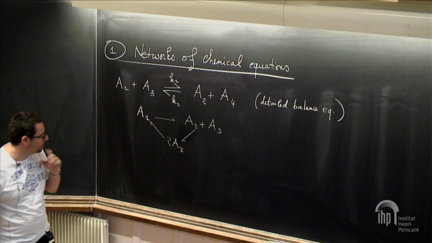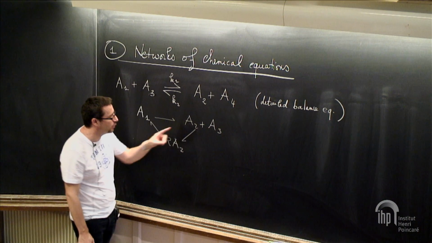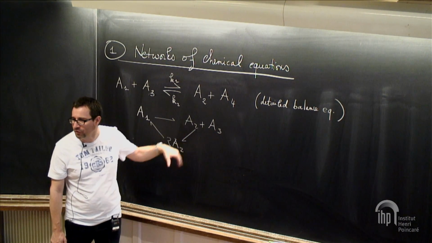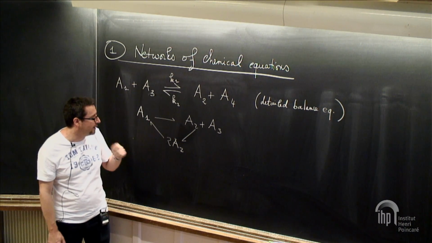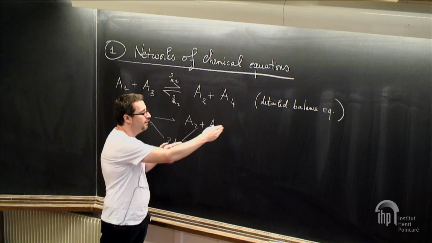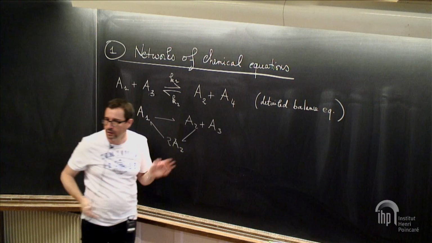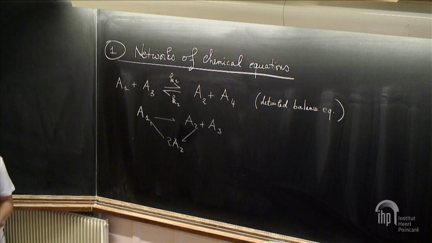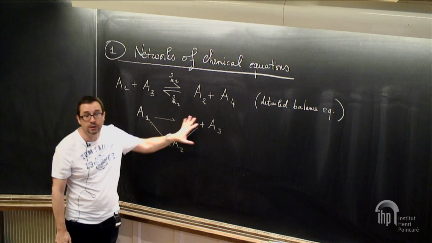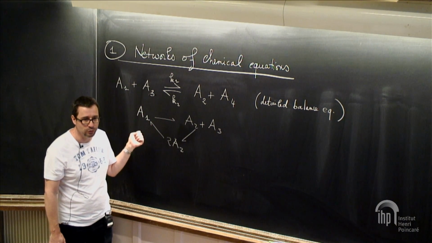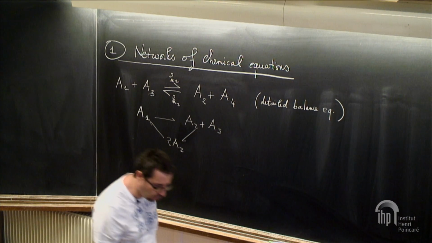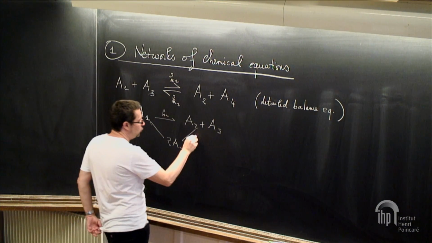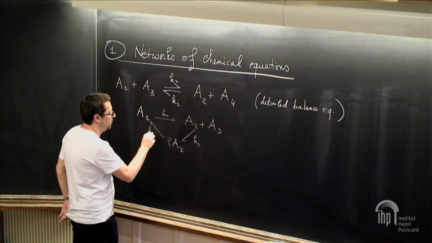You should not be frightened by the fact that, for example, here you have A2 plus A3 and here 2A2. So it looks a little impossible, because this just means that maybe you have other species which are not written, because they are in excess in the solvent in which you have put the species. Okay? So this should not be considered as impossible from the chemical point of view. And you suppose that you have rates also for this, so let's call them K1, K2, and K3.